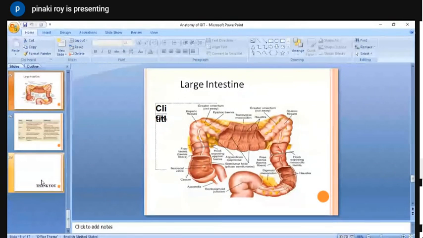The large gut not only forms stool, but it also has some nutritional value. It helps in absorption of water as well as micronutrients.